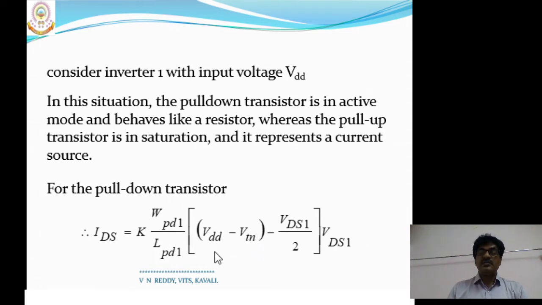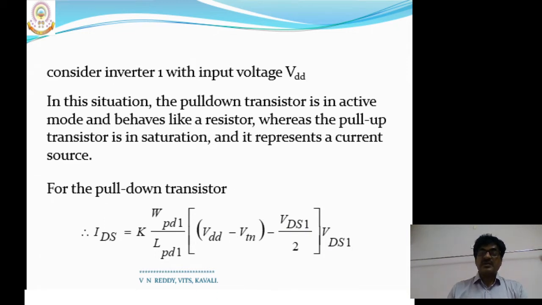Here VGS for the pull down transistor is VDD minus VTN, since the pull down transistor is an enhancement NMOS, therefore its threshold voltage is VTN. This is the current for the pull down transistor.